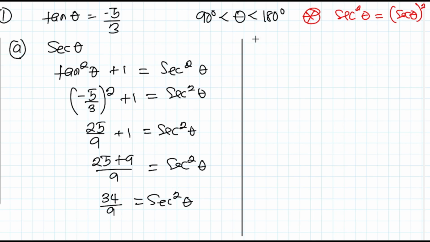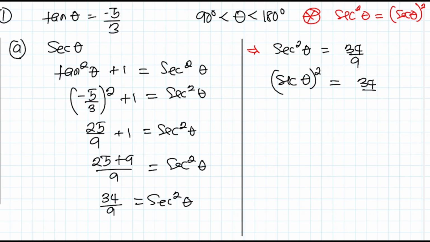So sec theta all squared equals 34/9. Taking the square root of both sides, we have the square root of sec theta all squared equals plus or minus the square root of 34/9.